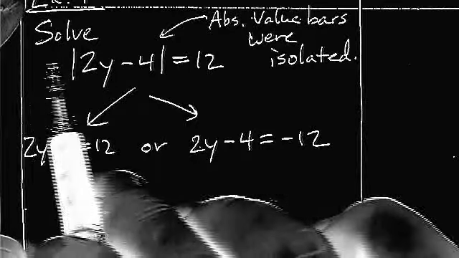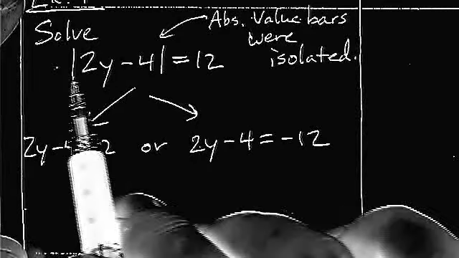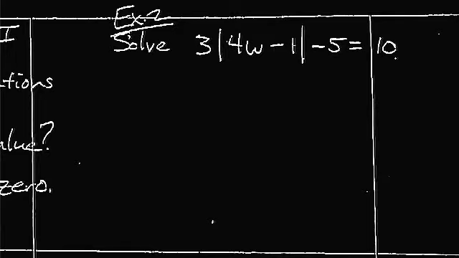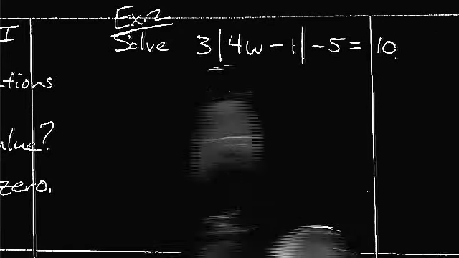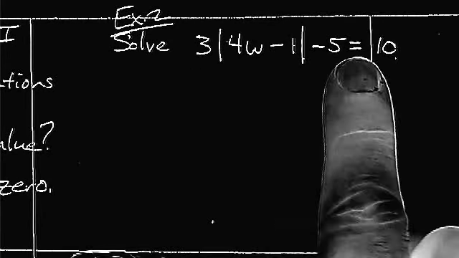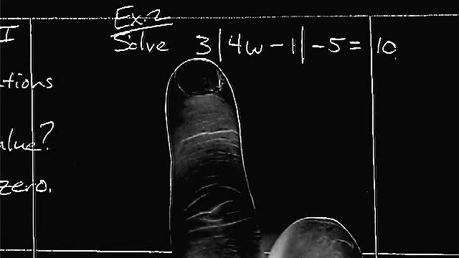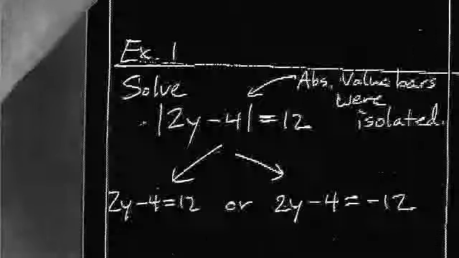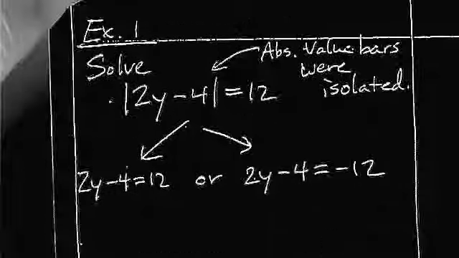There's nothing being added or subtracted to this. These absolute value bars are all by themselves. That's not true for the next example. Notice that it's got a 3 and a -5. Those mean that it is not isolated, and we'll have to take care of those first when we get to that question.